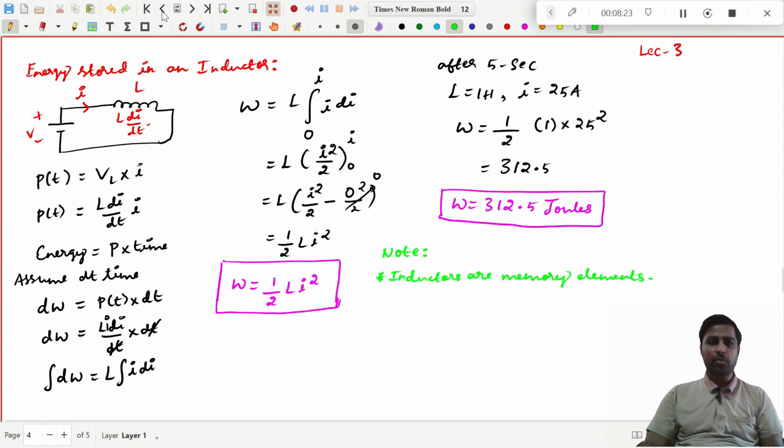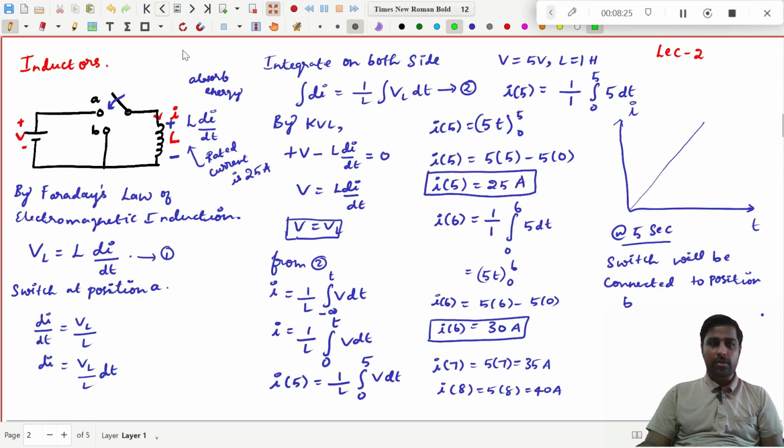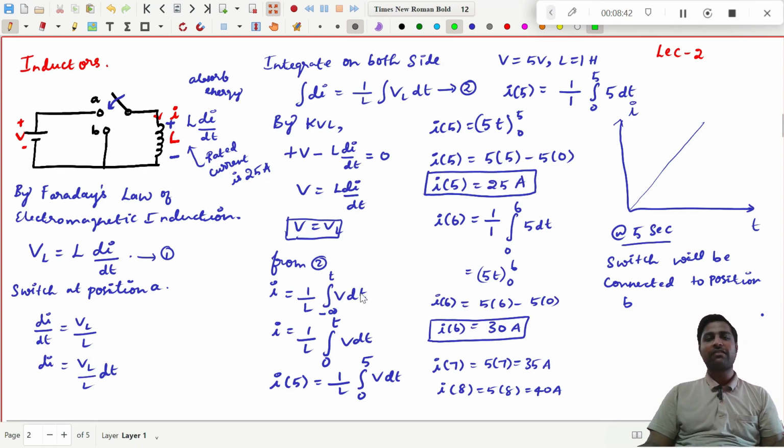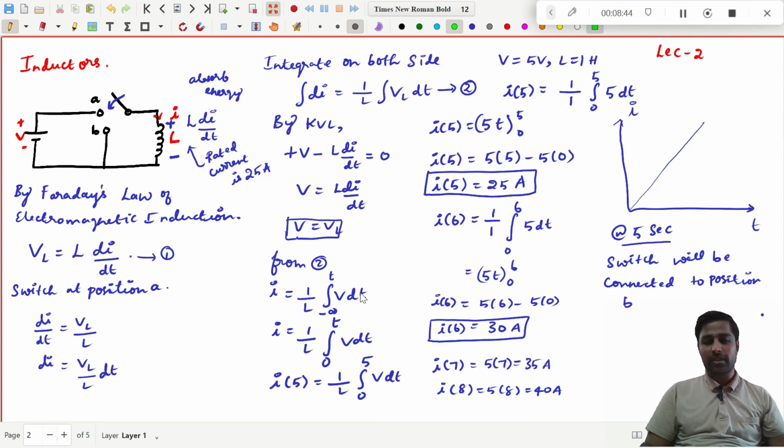If you go to the previous lectures, there we have an expression for I. If I want to find the present value of current in an inductor, you need to integrate V. Integrating V means you need to get all the values of V from minus infinity.